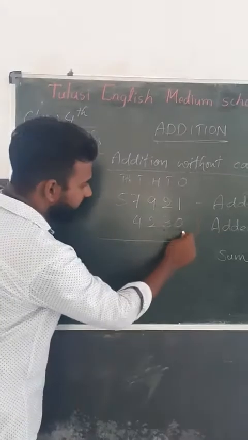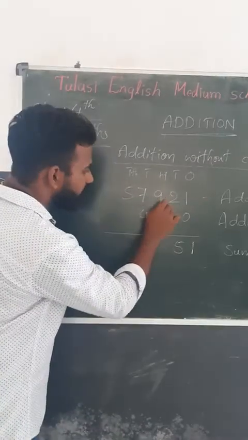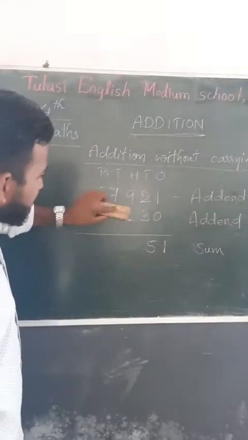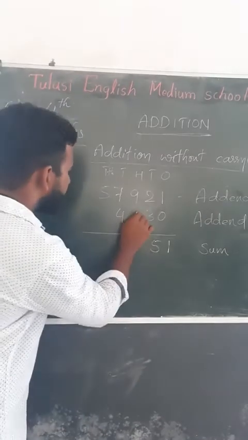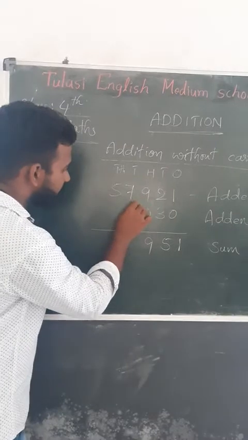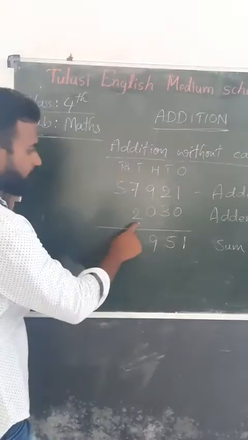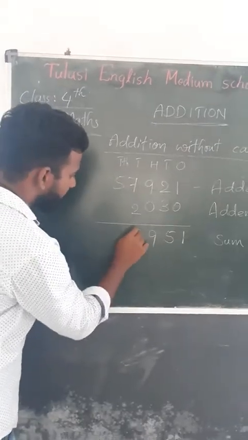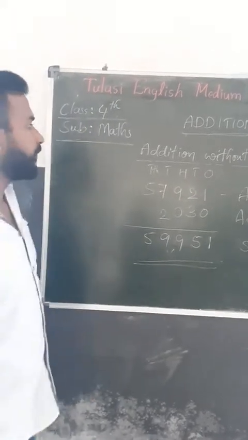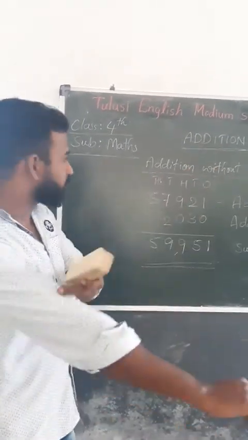When we add this, 1 plus 0 is 1, 2 plus 3 is 5, 9 plus 2, here there will be carry. So it's addition without carry, so I will make it 0 here. 9 plus 0 is 9, 7 plus 4, again carry. Okay, 2,030, 7 plus 2 is 9, 59,951. So this is addition without carry. With carry we will learn later.